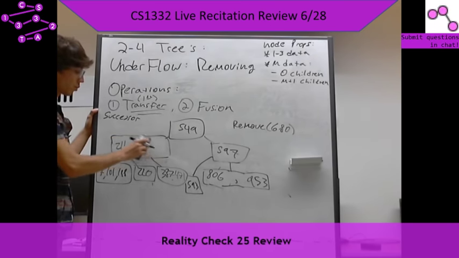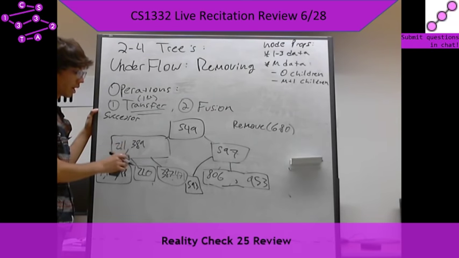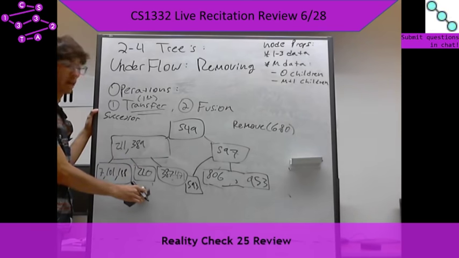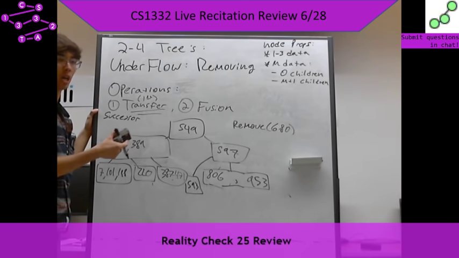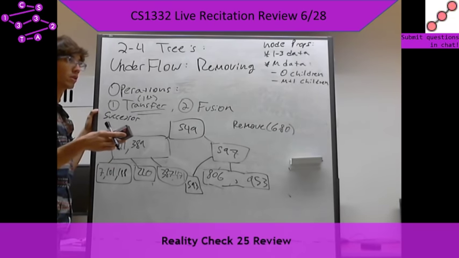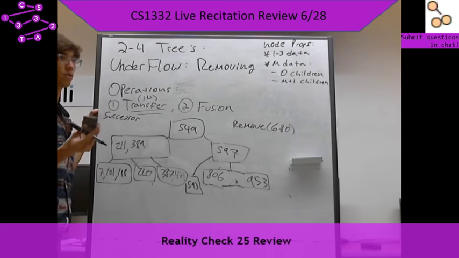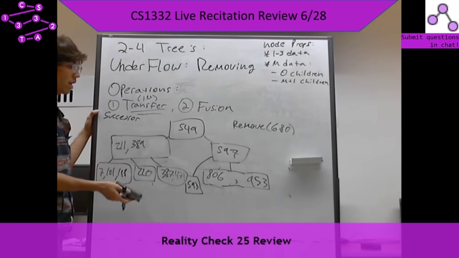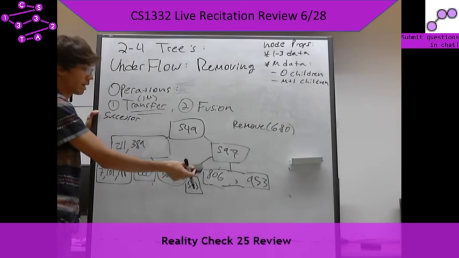If you first remove something and it's in an internal node, then you're going to use a predecessor or successor, and you're always going to end up with underflow in the leaf. But if the underflow propagates upward, don't try to think, oh, I have to do a fusion, and then I have to do a fusion, or I have to do a fusion, and then I have to do a transfer. Really just say, hey, I did a fusion. Now I'm in this entirely new environment, right? I've got underflow at some node like this one was, right, in my tree.